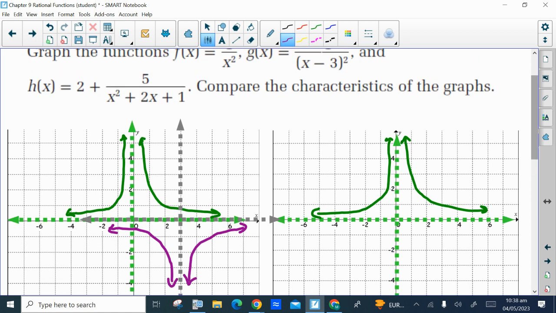Right? And when we work with the graph of h, again, I would factor the bottom. The factor there would be x plus 1 all squared, and then move the 2 to the end. So here we have an a value of 5, which means it's going to be a vertical stretch.